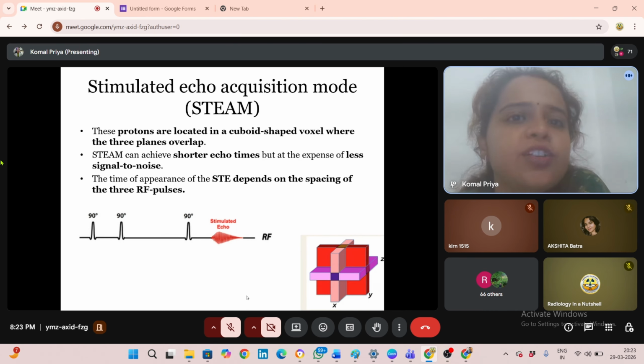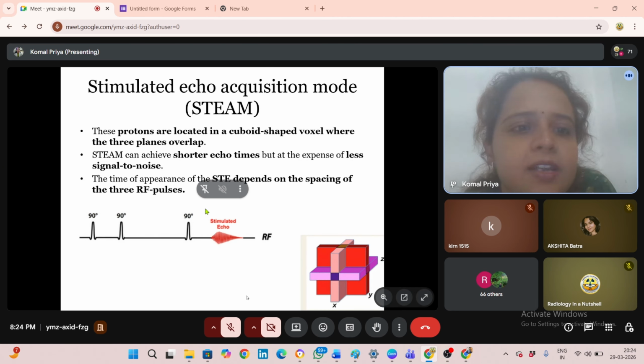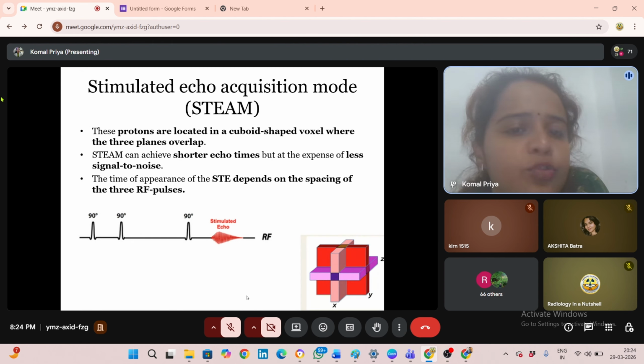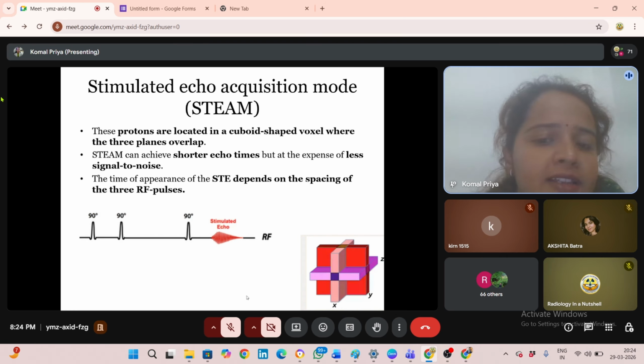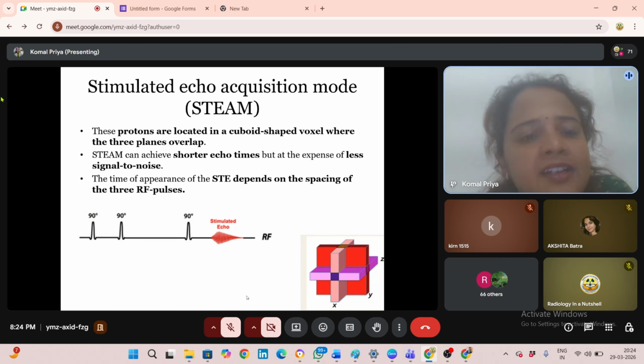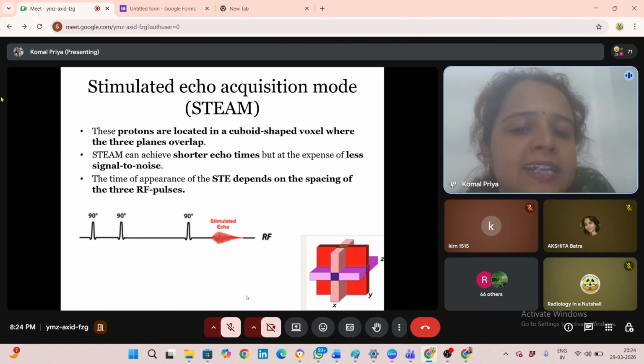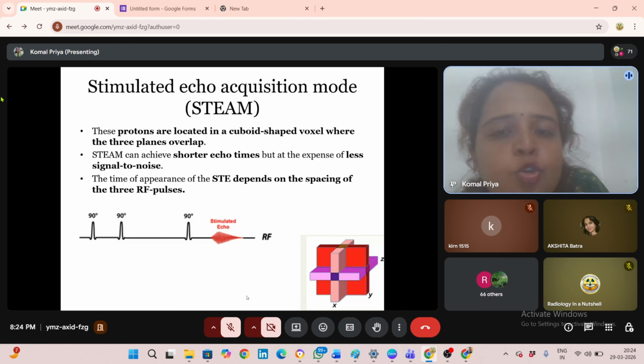And this STEAM technique will be achieved by shorter echo times, but of course the signal to noise ratio will be lower, and the time of appearance of the stimulated echo will depend on the spacing of these three RF pulses. So how will we acquire this? We'll be giving three 90-degree excitation pulses, and then the stimulated echo will show as your difference in the spectrum of this curve. That is why it is known as stimulated echo acquisition mode.